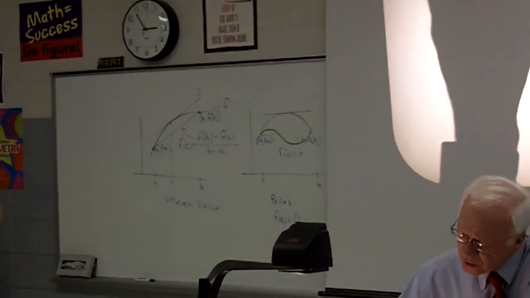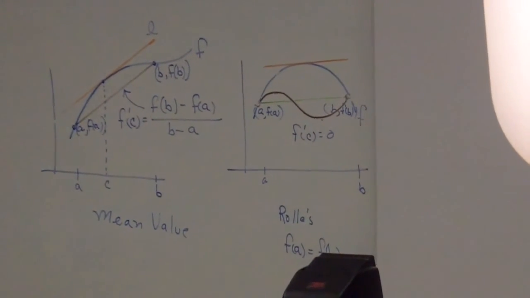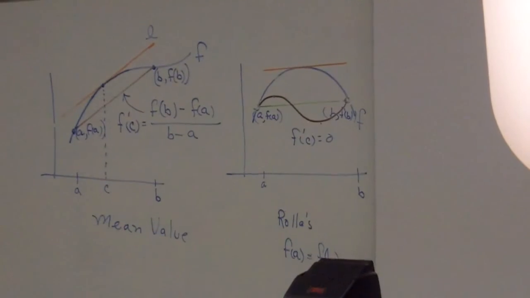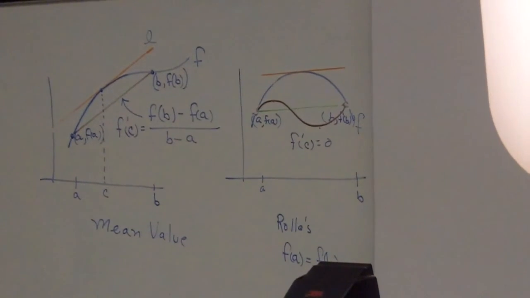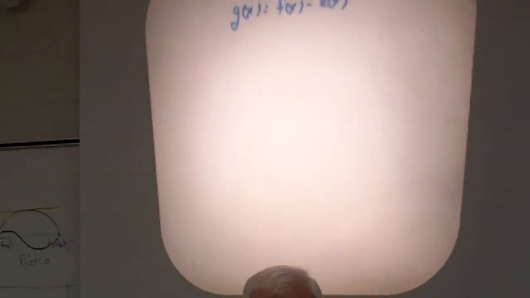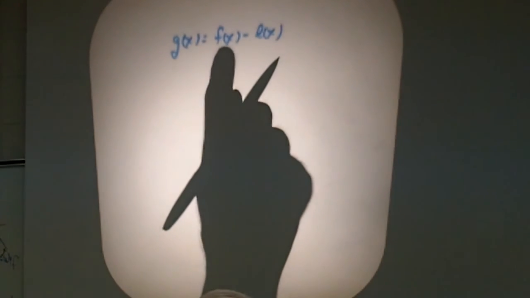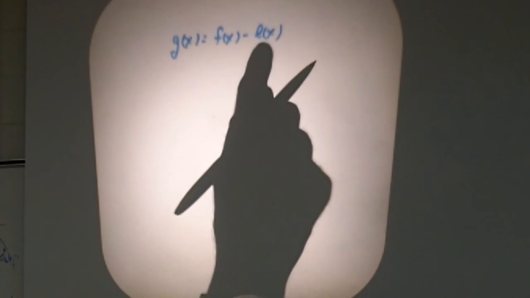I'm going to make a new function. My new function is going to be g of x, equal to f of x minus L of x. We've done some of these before. It's this function minus this function.